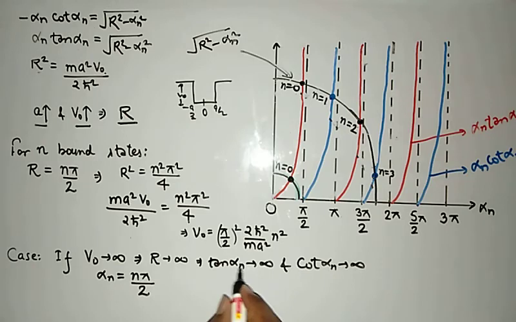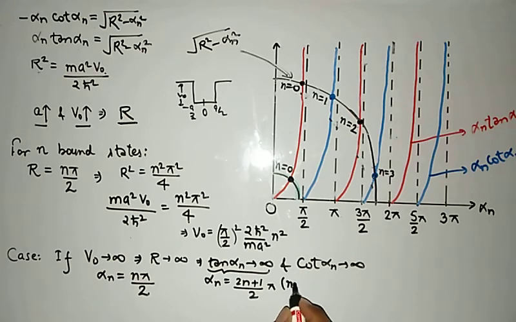For this, alpha n is 2n plus 1 upon 2 pi, where the value of n is 0, 1, 2, and so on.